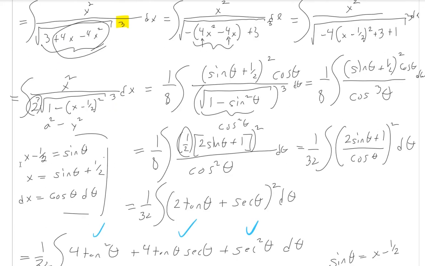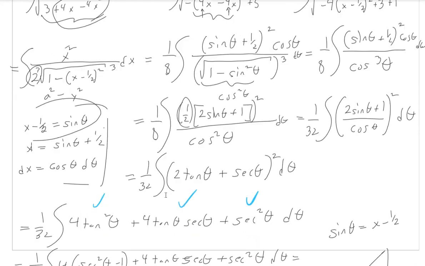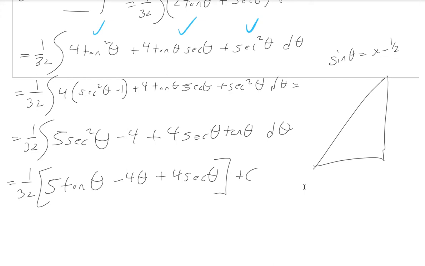So that's how we're going to define our pieces. x minus 1/2 over 1. So x minus 1/2 is going to be my opposite over my hypotenuse. And my adjacent side is going to be the square root of 1 minus x minus 1/2 quantity squared.